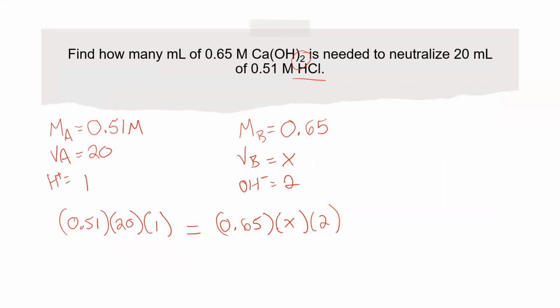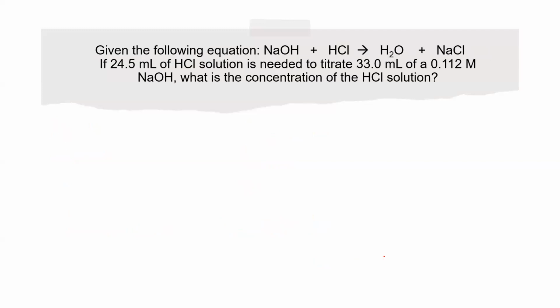So this just ensures that we are accounting for that when we consider how much acid we need. We're going to need double the amount of acid to neutralize had it been NaOH. Solving for X and rounding to sig figs, we should get that we need only 8 milliliters of the base, which again should make sense because we would need double the amount of acid compared to base to neutralize.